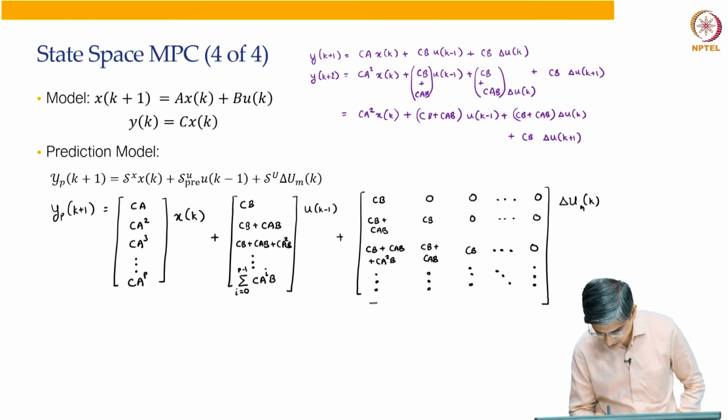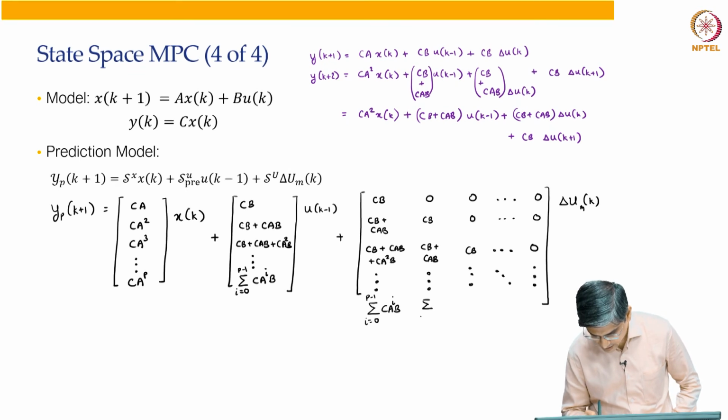Now, what is this guy going to be? This guy is going to be the same one as before, summation i equal to 0 to p minus 1 Ca to the power i b. This is going to be equal to summation i equal to 0 to p minus 2 Ca to the power i b and so on.